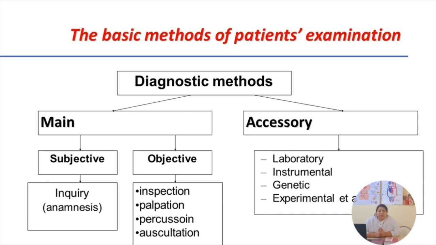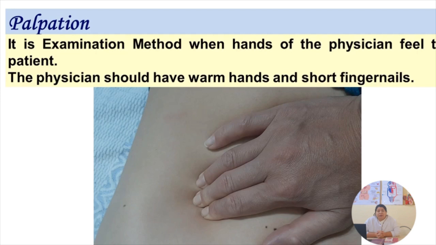As mentioned before, today we will focus on subjective methods: inquiry, analysis of taking history. Objective methods include inspection, palpation, percussion, and auscultation. After providing objective methods, we should prescribe the patient lab tests or instrumental tests, sometimes genetic and experimental tests.